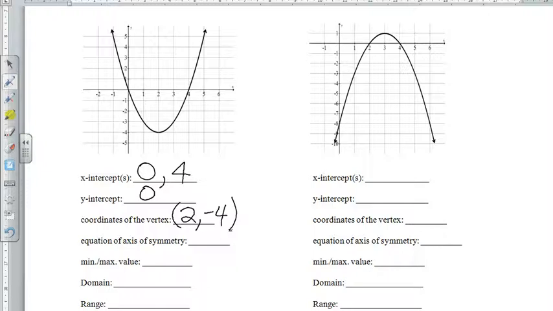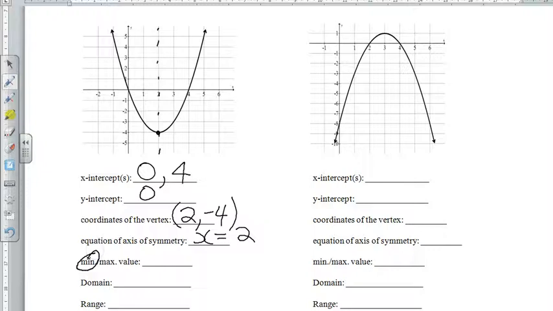What's the equation of the axis of symmetry? X equals 2. So axis of symmetry, vertical line, goes through the vertex. Since it's a line, it has an equation, so we don't just write 2, right? We say x equals 2, which is a vertical line. Does it have a minimum or maximum value?